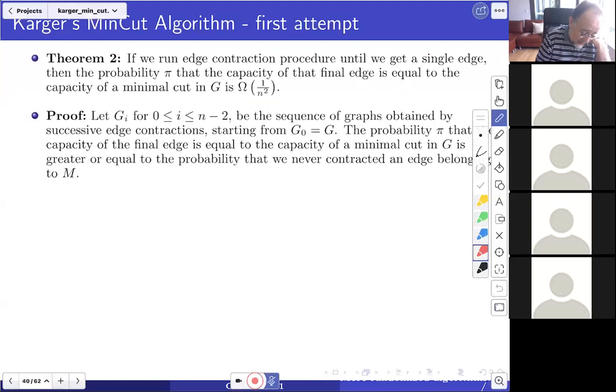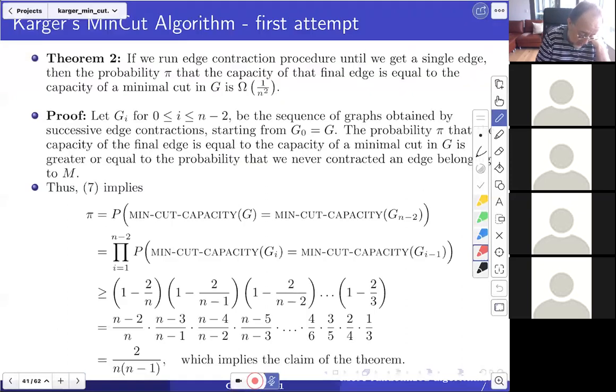Well, we just saw that as you keep contracting, the probability of messing things up is not larger, it's smaller than 2 divided by the number of vertices in the original graph.